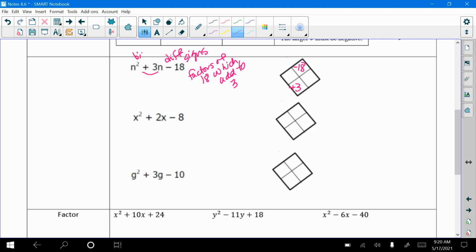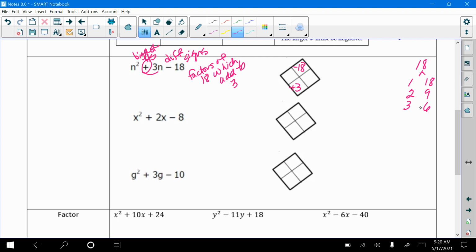The biggest is positive. So 18, they're going to add to 3, yes, but I'm looking for the difference in the numbers of 3. So 1 and 18, 2 and 9, 3 and 6, 4, no, 5, no, 6, no. Yep, 6 and 3.